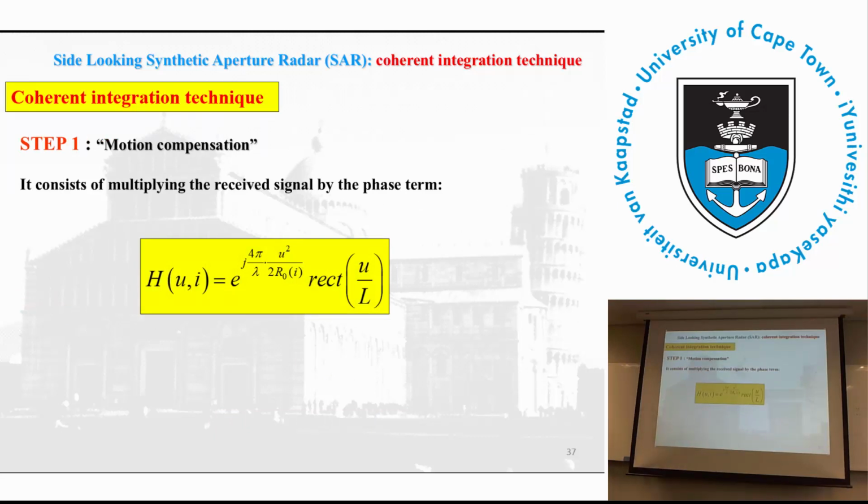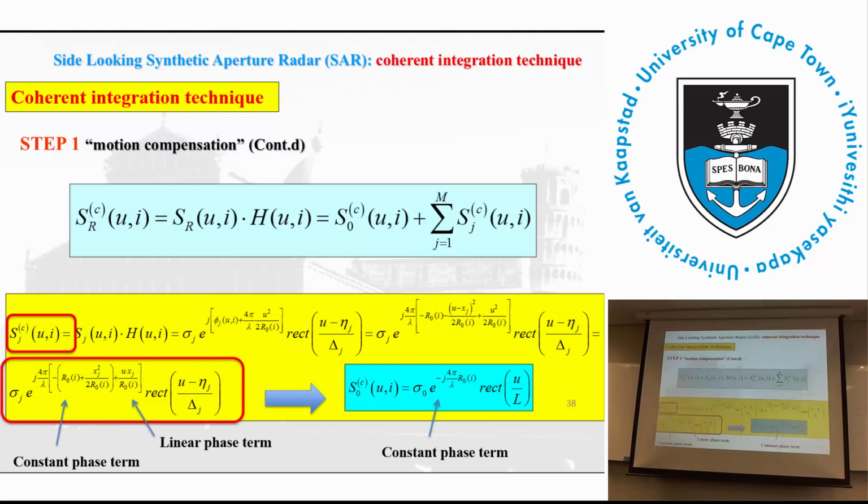I create this signal here, which has exactly the same phase expression as that of point O, but it's got a plus sign here rather than a minus sign. So what happens if I take this signal that I generate and multiply it by the received signal? It's a simple multiplication, isn't it?